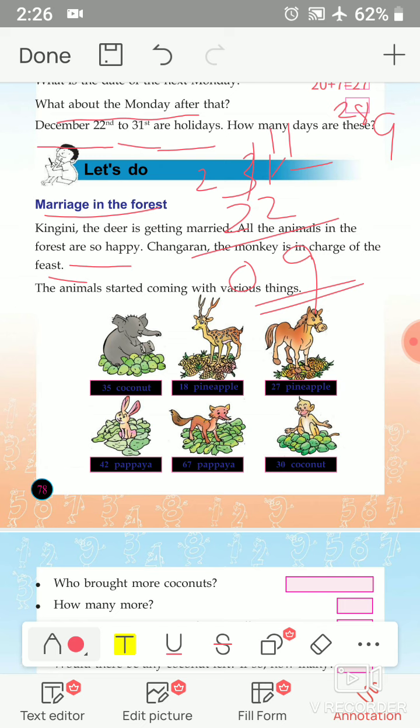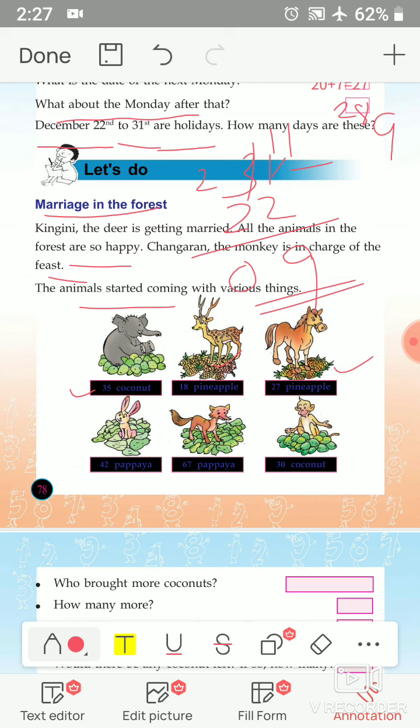Then her friends have collected so many things. We have to see in this picture the animals started coming with various things to celebrate that marriage function. Then elephant collected how many coconuts? Yes, 35 coconuts. And deer collected 18 pineapples.